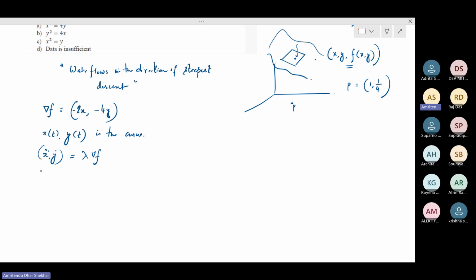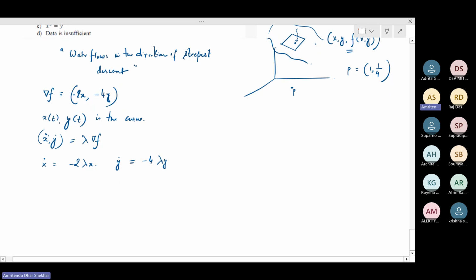So you get x dot is equal to minus 2 lambda x, and y dot is equal to minus 4 lambda y. Okay, so now you can solve for this.